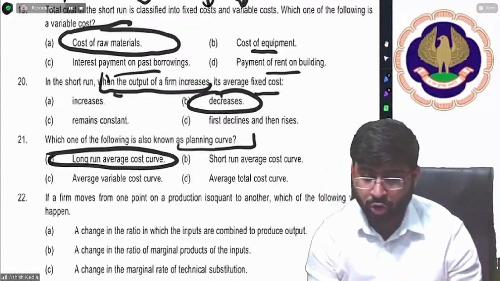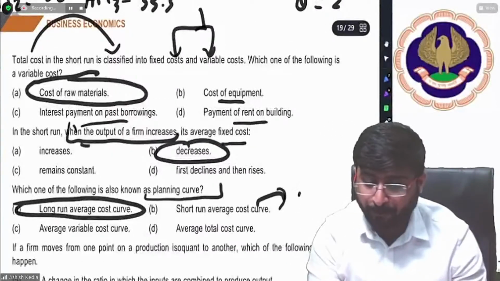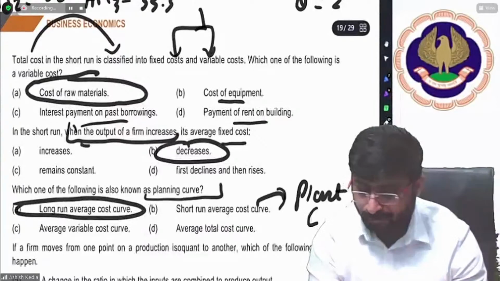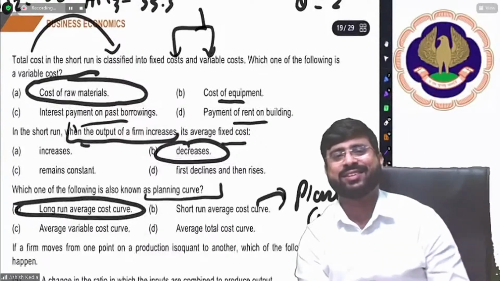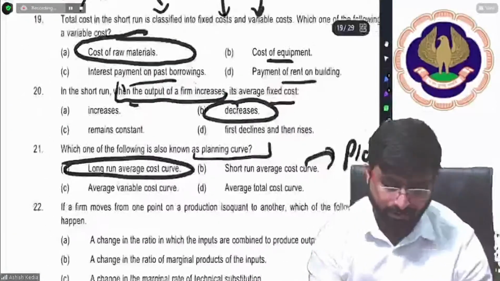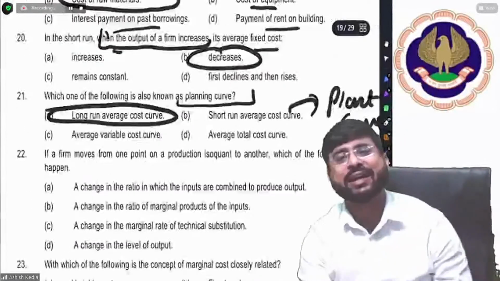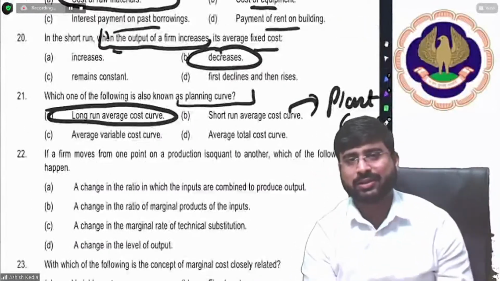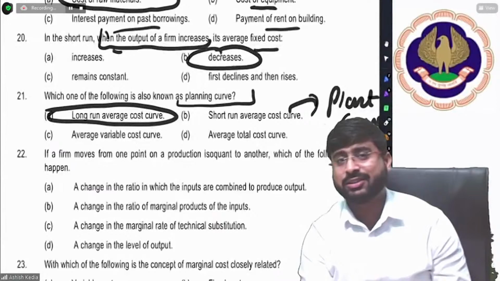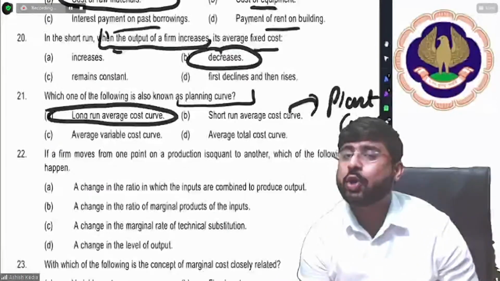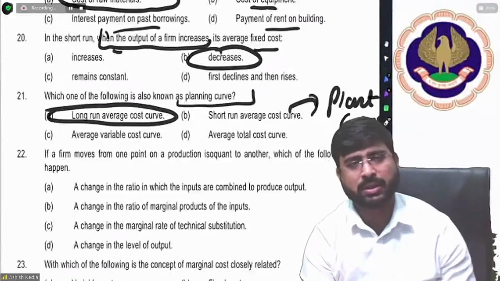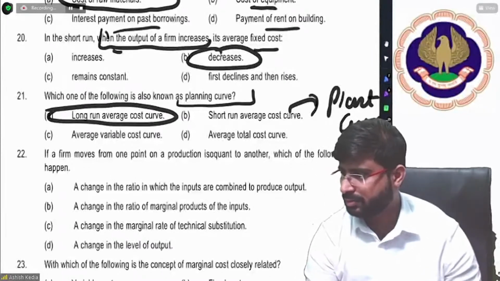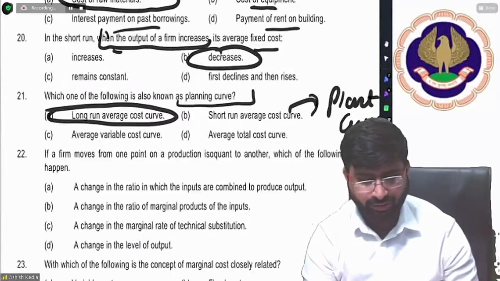Remember, I told you the short run average cost curve is a planned curve, but the long run average cost curve is a planning curve. So please remember, these are two separate things. Do not try to jumble them up.